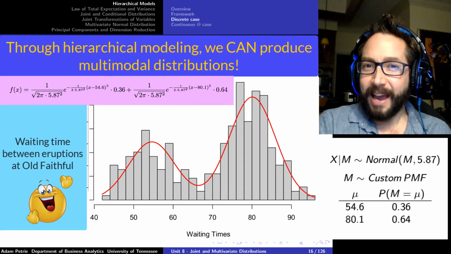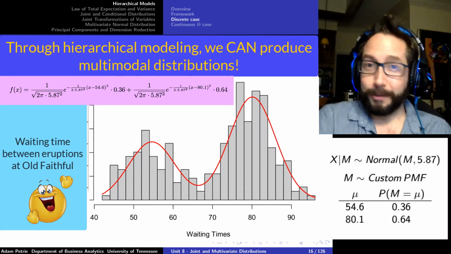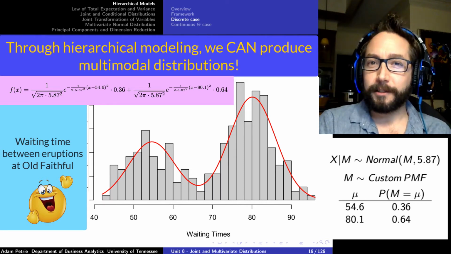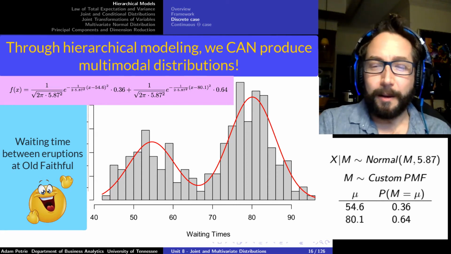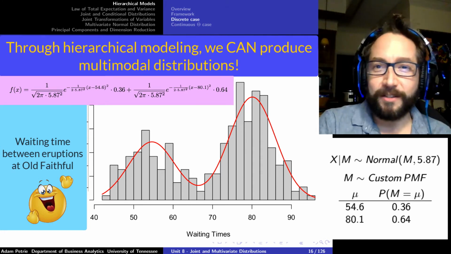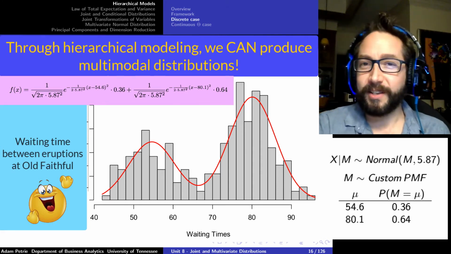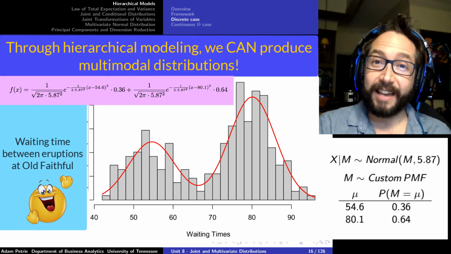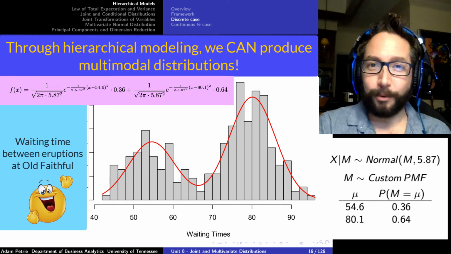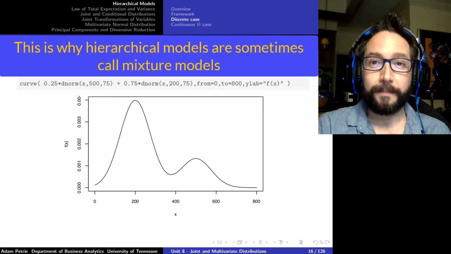You can actually get a bimodal, trimodal, as many modes as you really want, distribution within this hierarchical model framework with very little effort. You basically say, let's mix together a bunch of different normal distributions, a bunch of different log normal distributions. There's a 75% chance of seeing this normal, a 25% chance of seeing this normal. We can write that in that hierarchical model framework, and out will come bimodal, multimodal distributions.